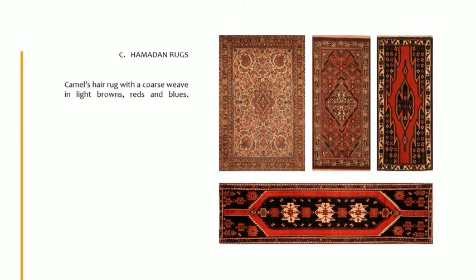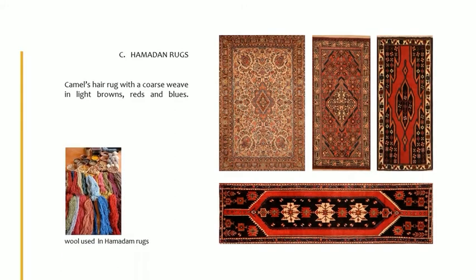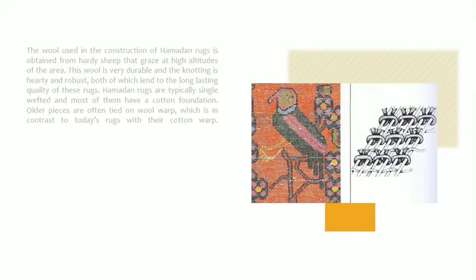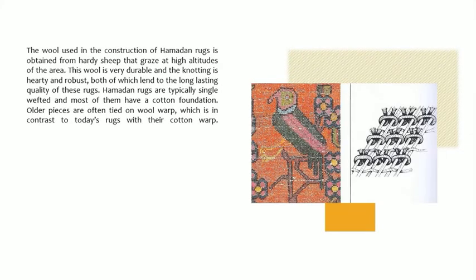Hamadan rugs. Hamadan rugs are camel's hair rugs with a coarse weave in light browns, reds, and blues. The wool used in the construction of Hamadan rugs is obtained from hardy sheep that graze at high altitudes of the area.